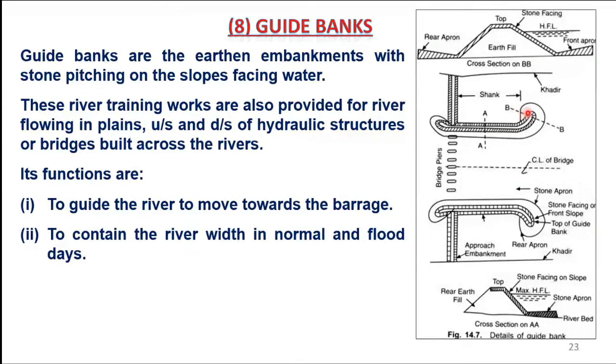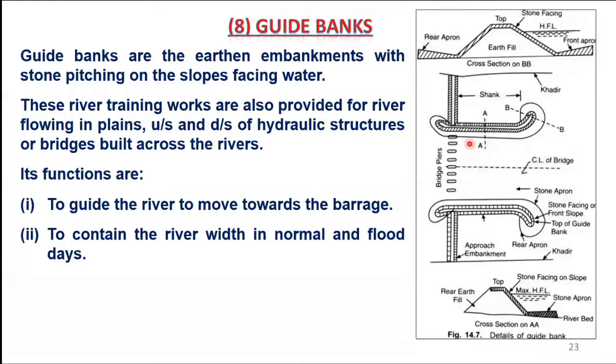And these are the guide banks. This is also a guide bank. This is the direction of flow, this is the right guide bank, and this is the left guide bank. So what are guide banks? What is their cross section?